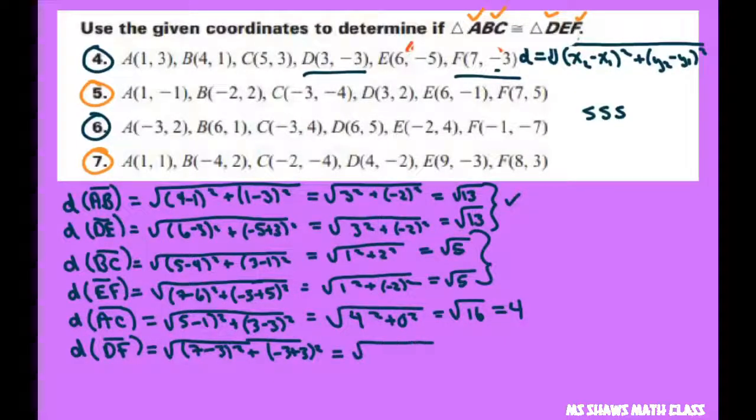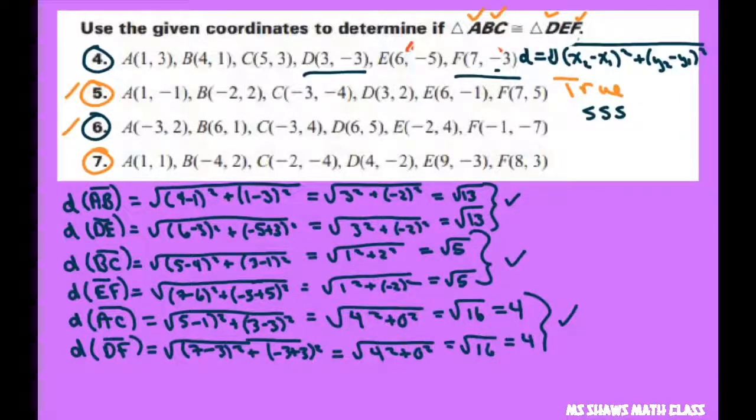That gives you 4 squared plus 0 squared, equals the square root of 16, which equals 4. So these sides are all congruent. That means the triangles are congruent. Now you're going to do number 5, so you can check that out. This is true. The triangles are congruent.